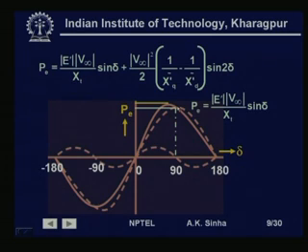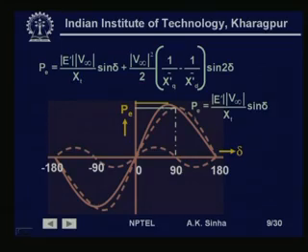Now, delta angle has crossed 90 degrees, and the electrical output of the machine is going to reduce. The mechanical input has been increased, whereas the electrical output has reduced, which means there is going to be a difference between these two powers. So there is going to be some acceleration, and because of this acceleration, delta angle will keep increasing.